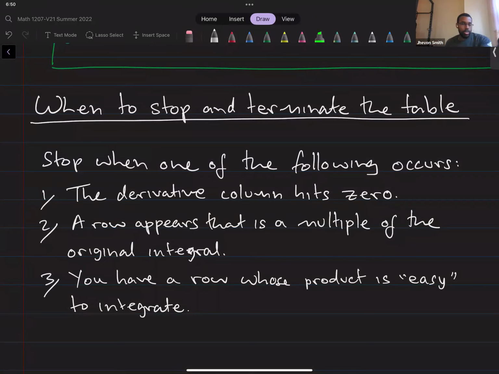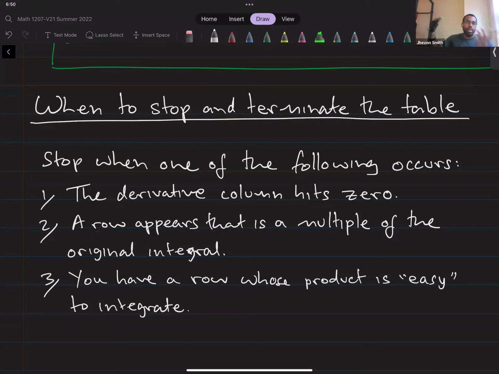Under these three cases, that will cover every case that integration by parts can work on. So you either stop when the left column hits 0, or you stop when a row is just a repeat of the original integral, ignoring any constant factors. For example, if your v column was e to the 2x, then the integral is 1/2 e to the 2x, and the next integral is 1/4 e to the 2x.